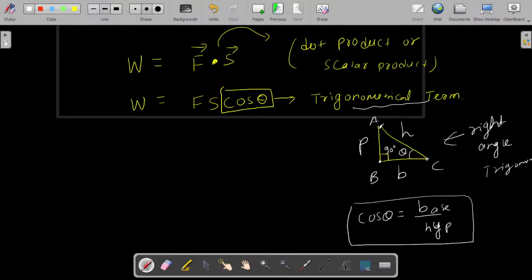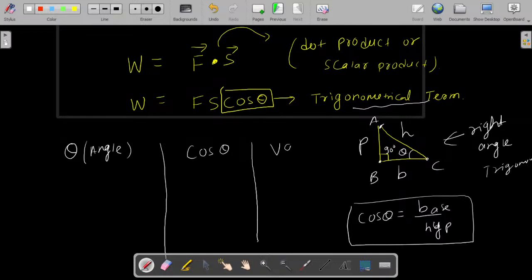You also note some values of cos. Make a table. Theta is the angle, as I just explained, and here you write cos theta, and here the values.